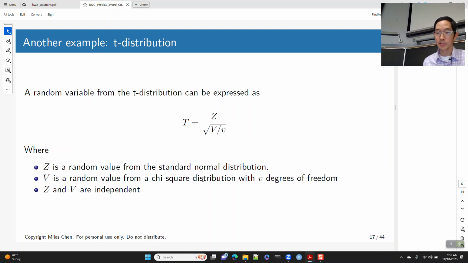And then finally here we have the t distribution. If you recall, it looks like the normal distribution, but it's got wider tails. The way we make the tails wider is we start off with a normal random value, Z, and then we divide by the square root of this thing, where V comes from a chi-squared distribution.